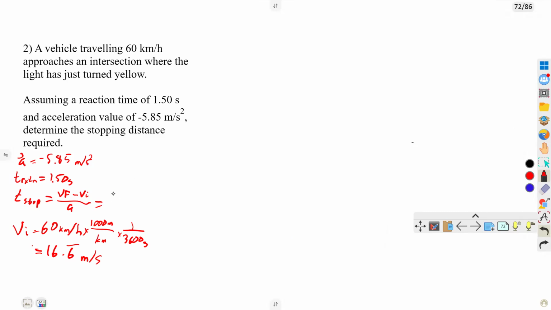So then coming back up here, we will quickly find our stopping time, and our stopping time is going to be 2.849, and there's more to it than that, but seconds. Okay, here we go. Stopping distance is the reaction time multiplied by the initial velocity.